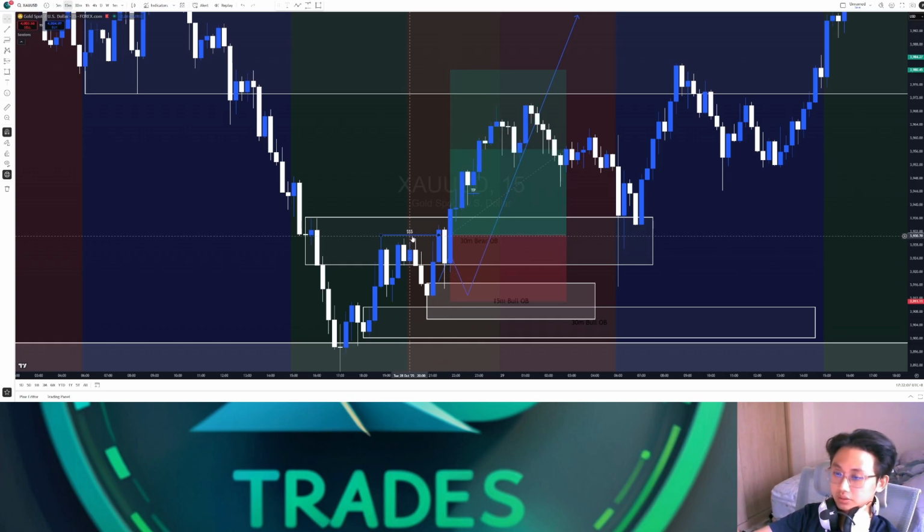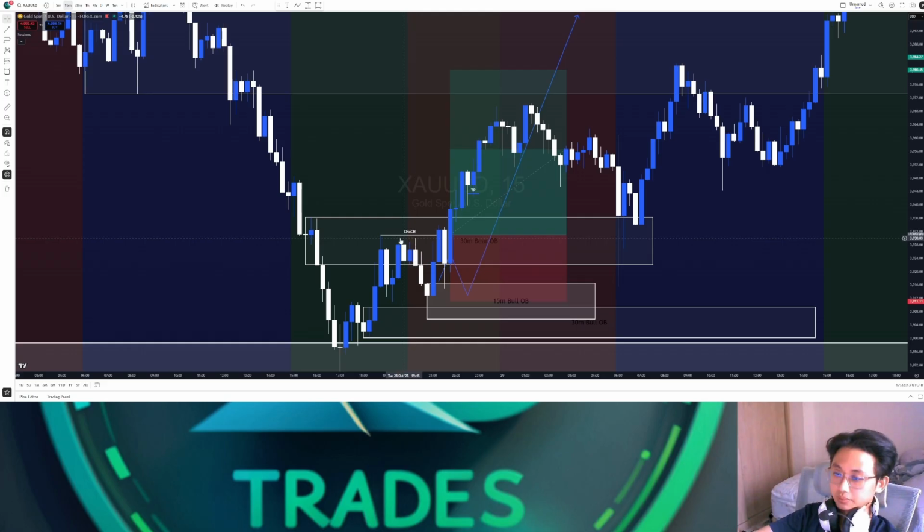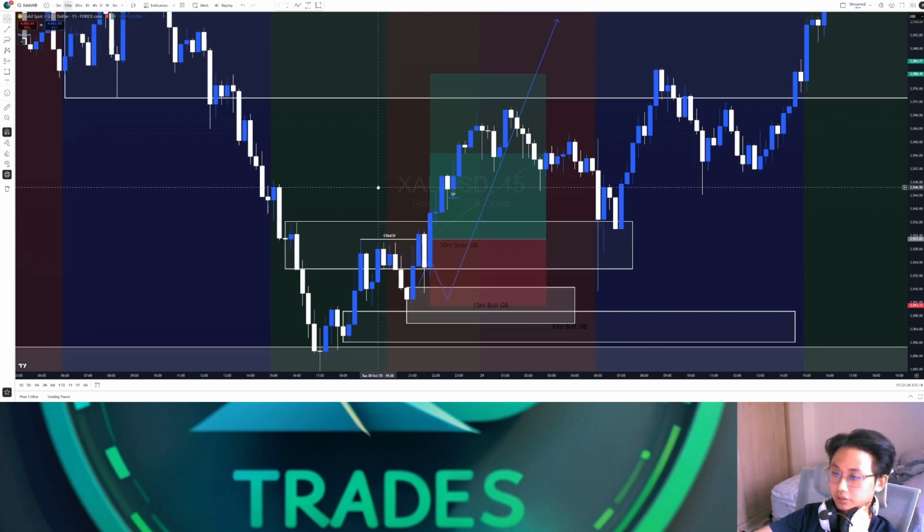This also can indicate a change of character, because there is a body candle close above all these highs, and there's a creation of a 15-minute bearish fair value gap. So either way, both the double buy side liquidity sweep and the bullish change of character tell us that price is going to head upwards.